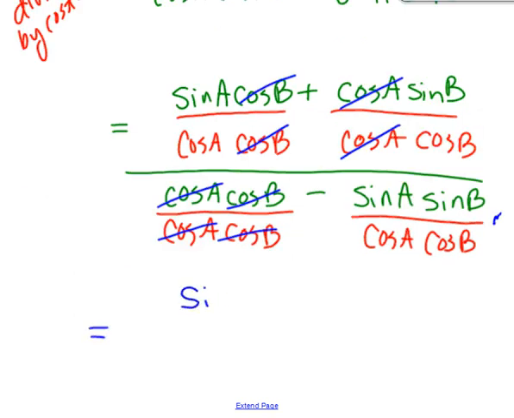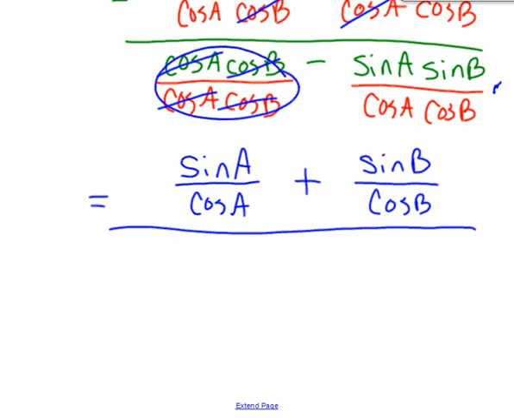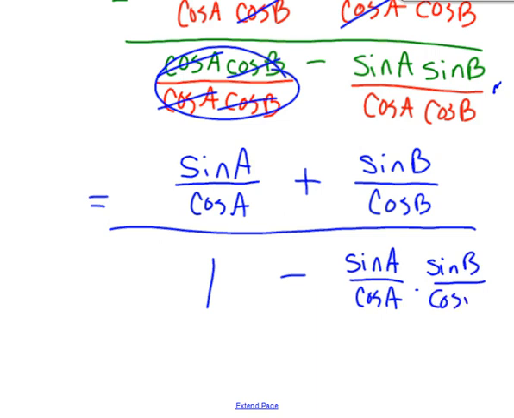I've got sine of A over cosine of A plus sine of B over cosine of B, all over 1. Remember, all this stuff canceled off, which left me with a 1. And I have the minus sign. And then I have sine of A over cosine of A times sine of B over cosine of B.